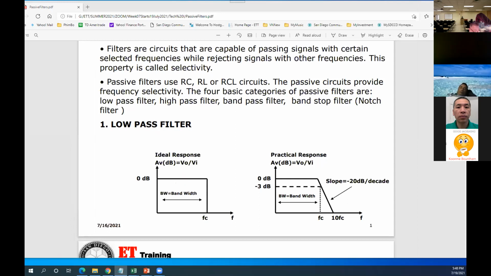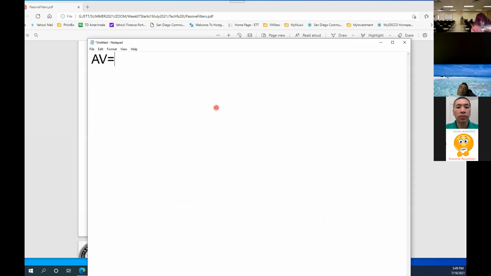Okay, let's see. AV equal 1. You get AV equal 0 dB.